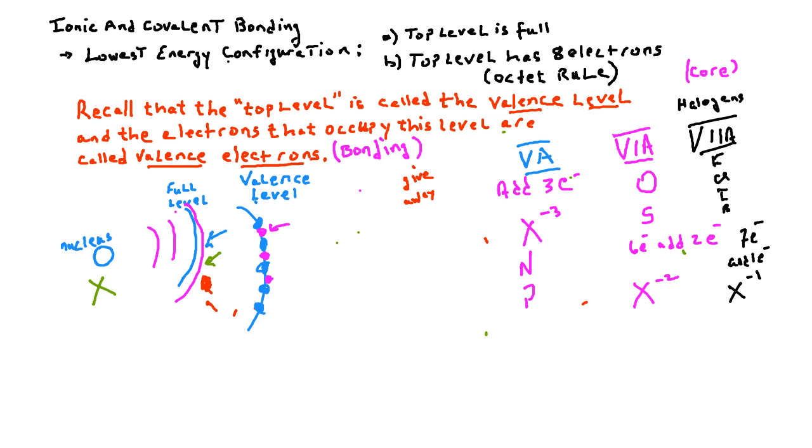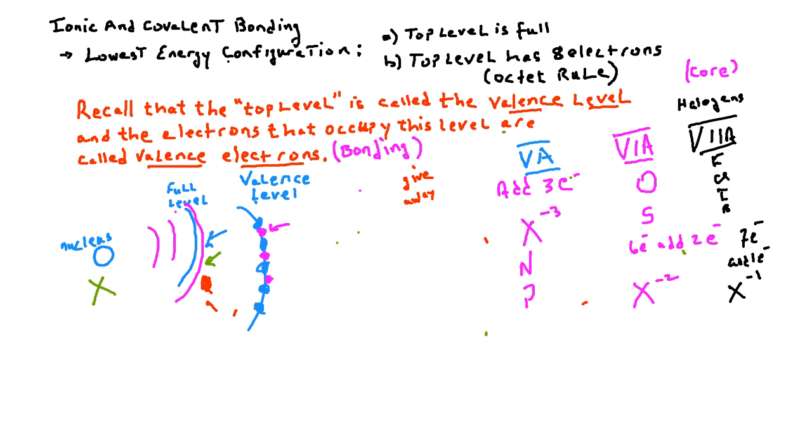So the metals, group 1A, 2A, and 3A, want to lose electrons, give electrons away. Groups 4, 5, 6, and 7 are the nonmetals. They want to take electrons and become an anion. So metals become cations, and the nonmetals become anions.